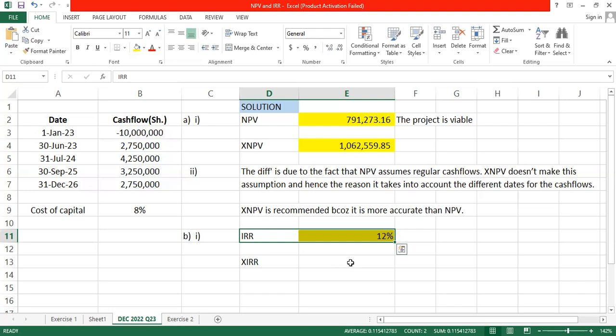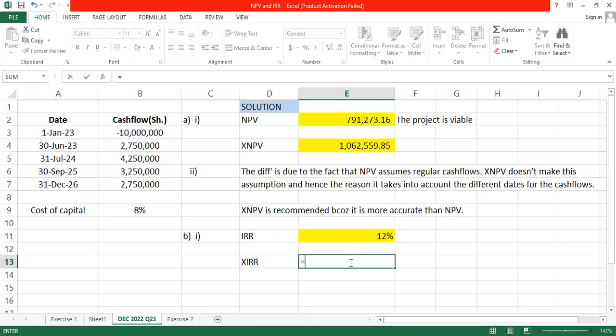So to get XIRR, again, this is a function. So start with an equal sign, then type XIRR, open bracket. You can see what Excel says you do. Pick the values, which are the cash flows, the first to the last, then comma, then pick the dates.